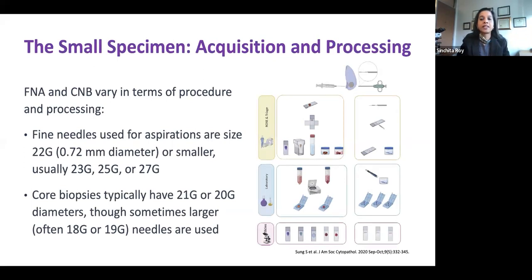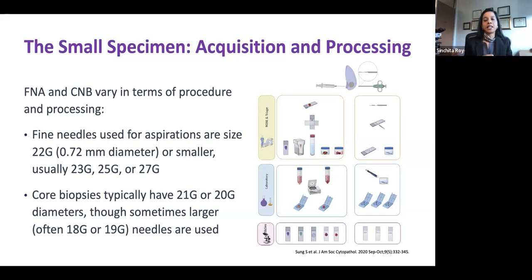FNAs and core biopsies vary in terms of not just the procedure, but also the processing of the specimen. Conventionally, fine needle procedures are done using smaller needle size, so 22 gauge needles or smaller. Core biopsies tend to use larger needles, so 20 gauge needles or larger.